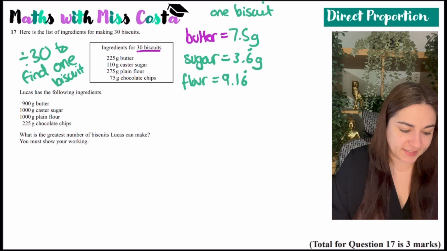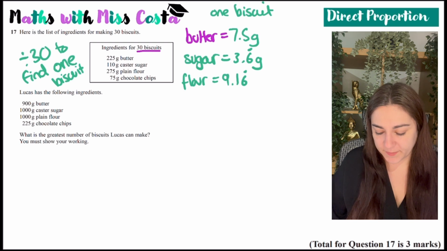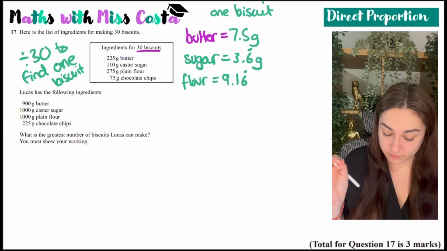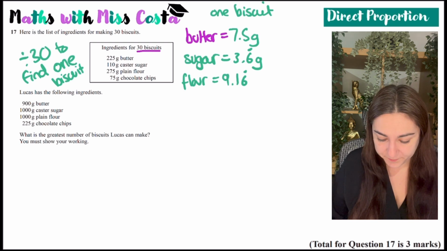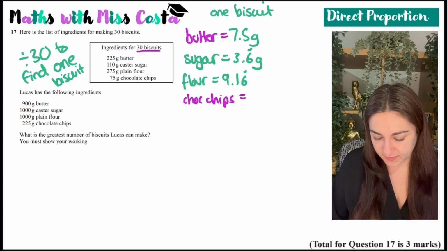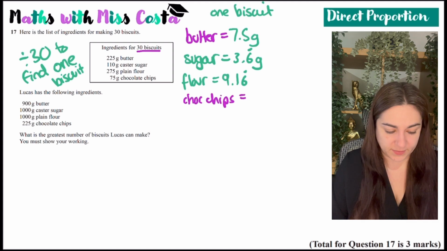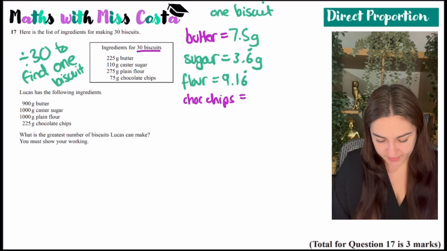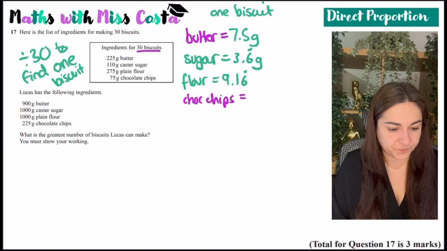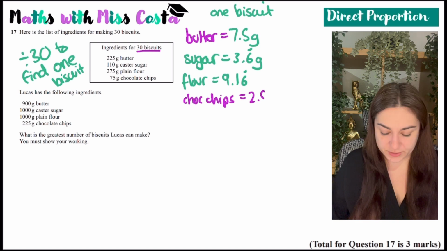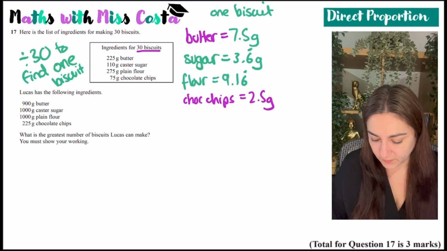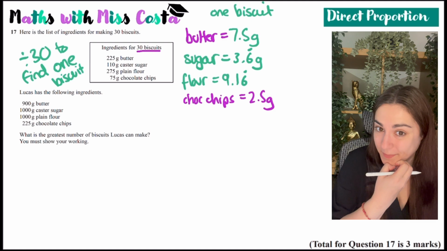That essentially means that it's a recurring number. So you can just write the recurring to make your number more accurate. And then we've got chocolate chips. I'm going to do 75 divided by 30, which is 2.5 grams. So this is how much you need for 1 biscuit.